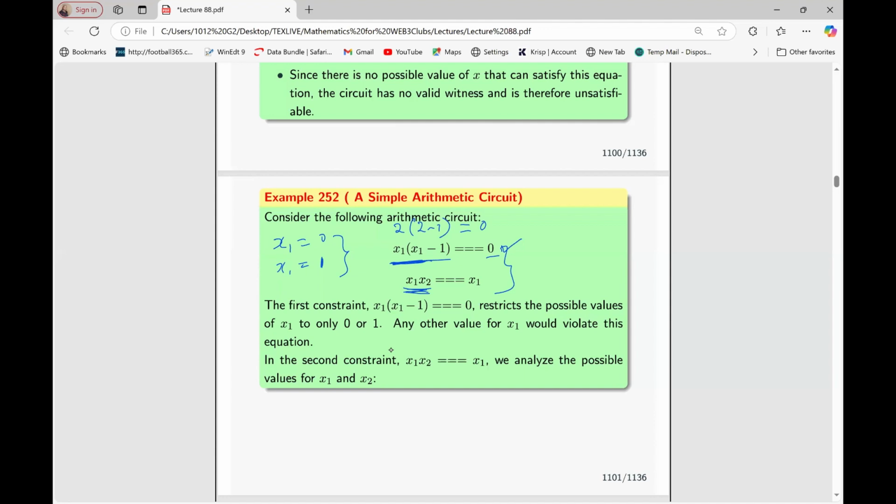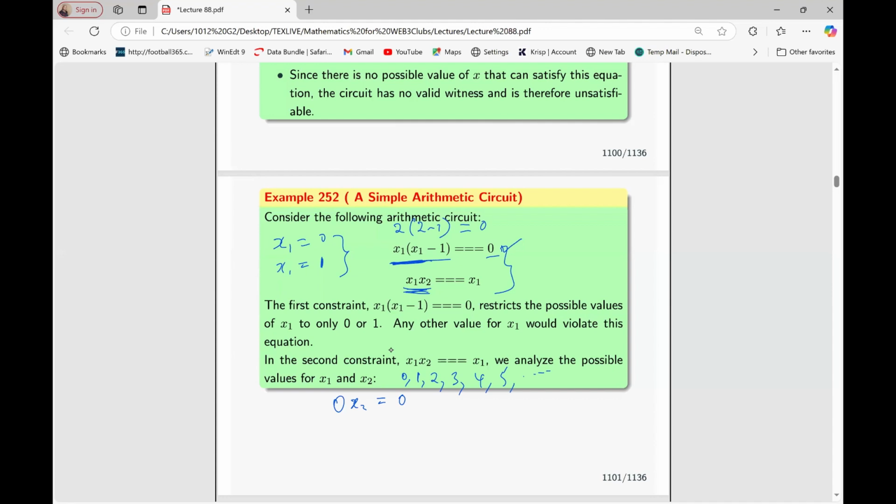So supposing x1 is 0, what are the possible values of x2? If x1 is 0, x2 can be anything. x2 can be 0, can be 1, can be 2, can be 3, can be 4, can be 5, and so on.